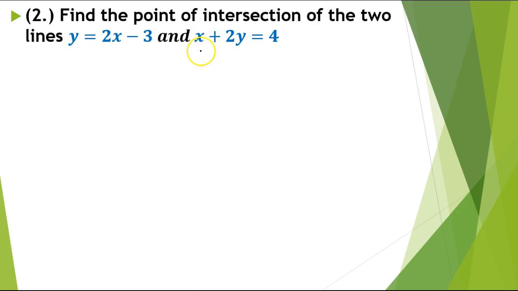So let's box what we are substituting. This is the expression that represents y. So we write everything, and when we meet y, we plug in this expression. Instead of y, we do 2x minus 3, equals 4.